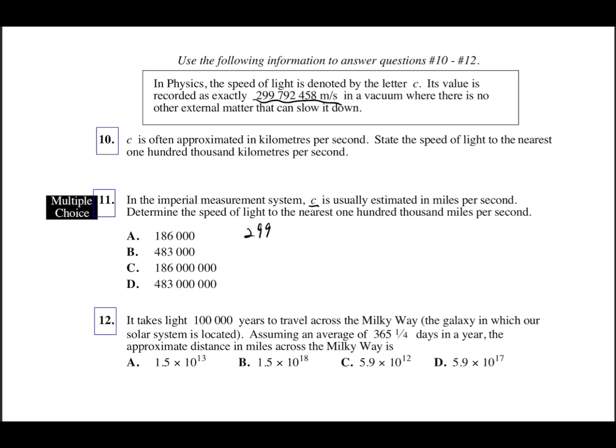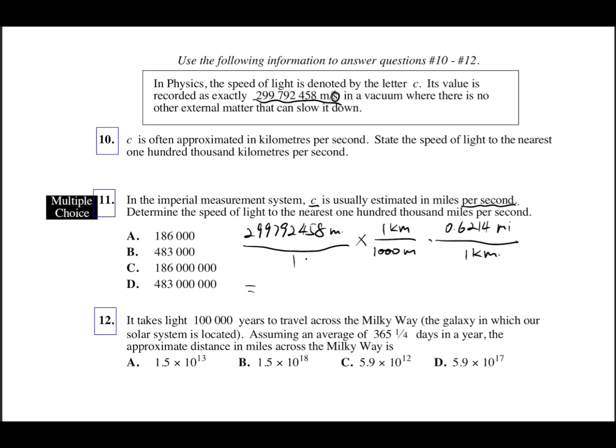This is the original number. This is miles per second, so we don't need to change the second, and times 1 kilometer equals 1,000 meters, and times 0.6214 mile divided by 1 kilometer.